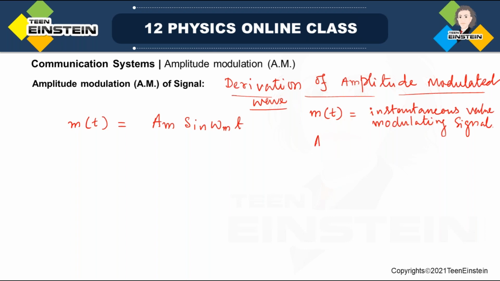And what is Am? It is the amplitude of the modulating signal.